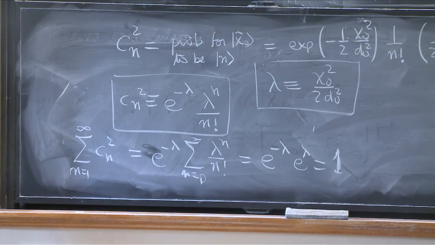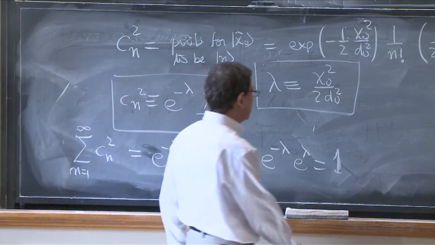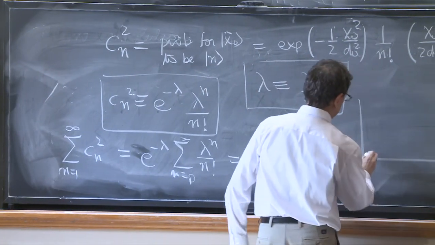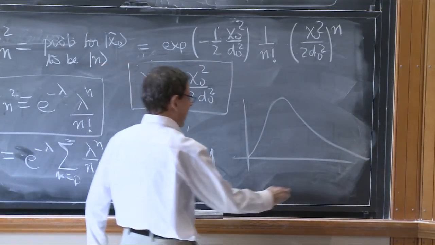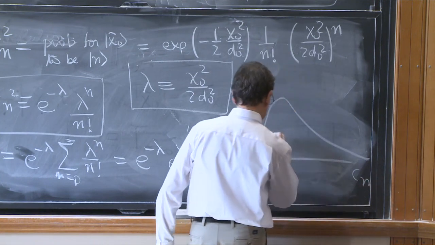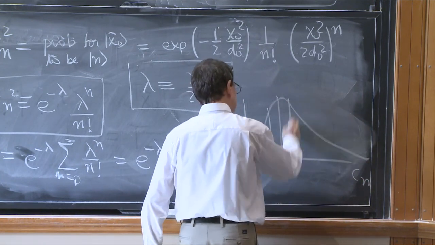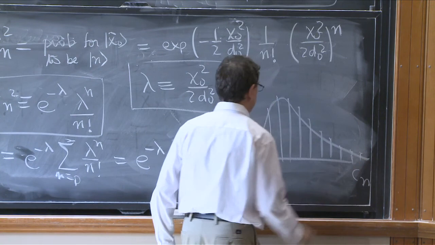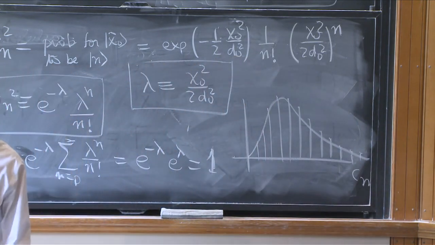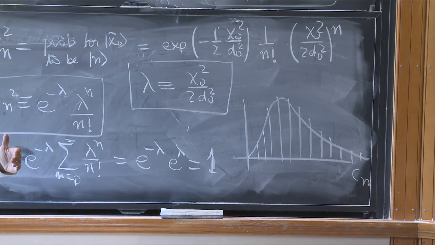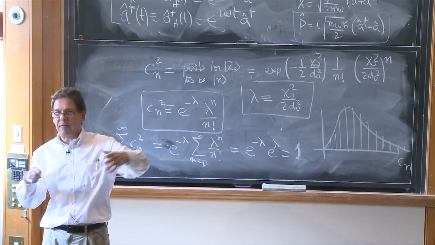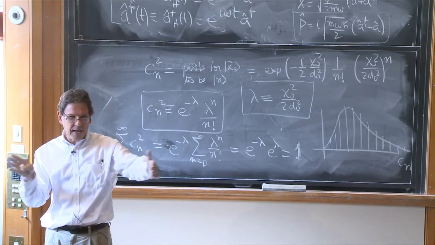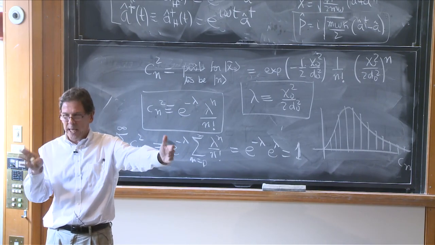So yes, this is Poisson distributed. It's some sort of distribution like that. Poisson distributions have to do with if you have a radioactive material, it has a lifetime, say 5 years, and you ask how many events should you expect to happen in a week?